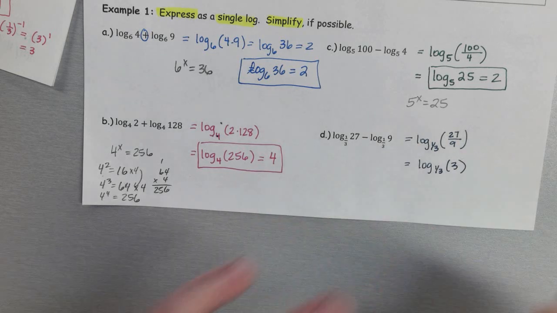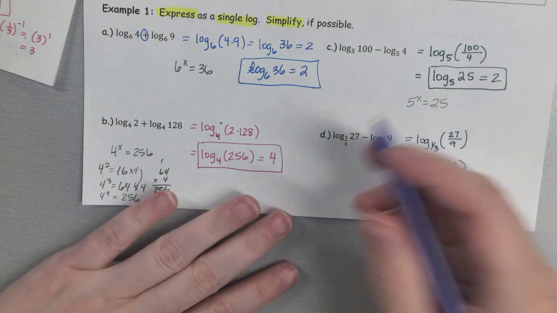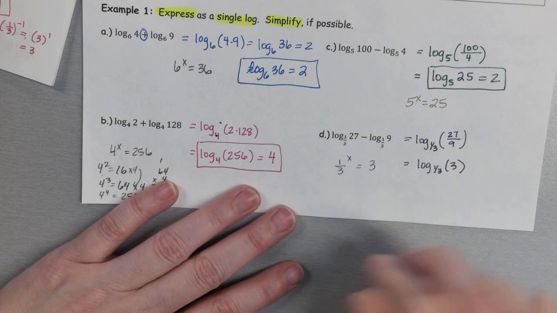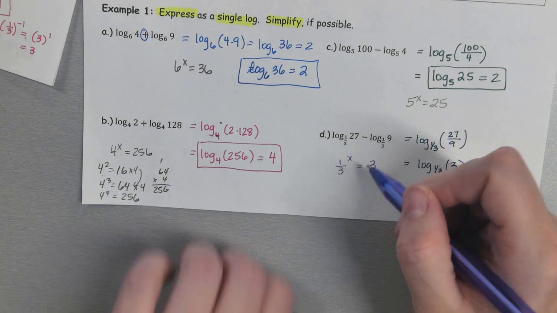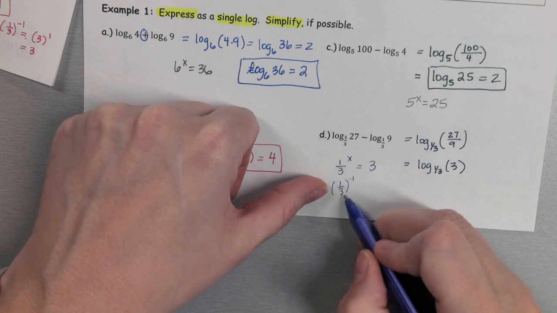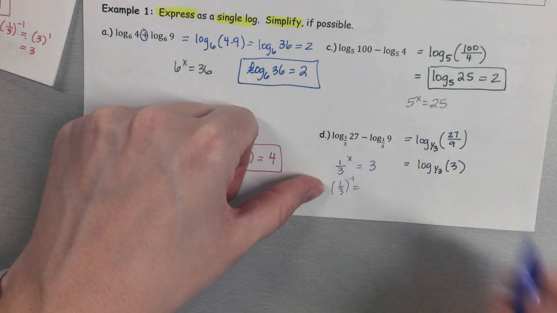Now, when you get here and you set up the exponential function, 1/3 to the x power equals 3. Do you guys know what that is? Yeah, great. It's -1. Okay, because 1/3 to the -1, you have to use the what? The reciprocal.